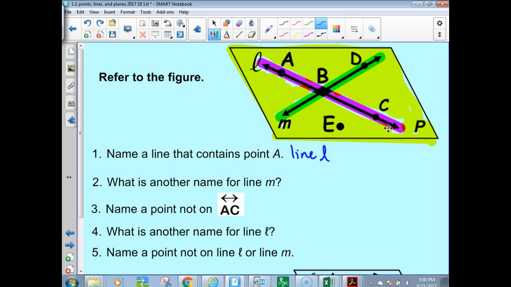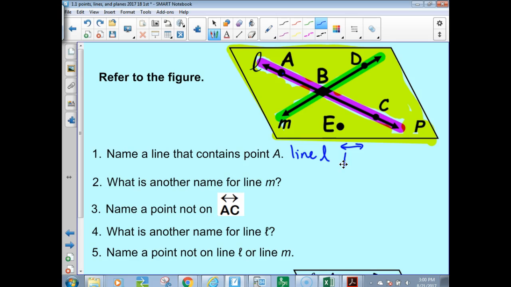It's in the notes. Just 2. Only name your lines with 2 points. I'm not saying that there aren't 3 points on it. There are 3 points on line L, but you only need to use 2 to name it. You should not use 3. So what's the way for me to name it?